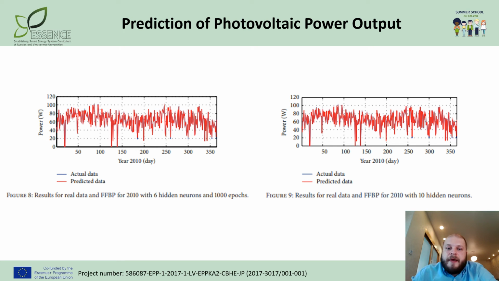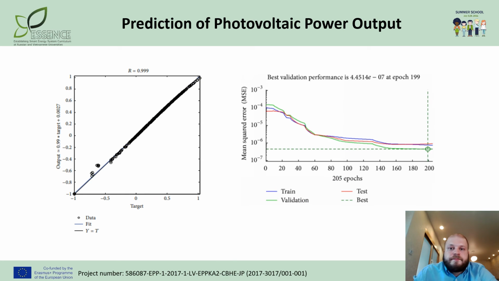The same comparison for the whole year 2010 is provided in Figure 8 with 6 hidden neurons and 100 epochs. Although the number of hidden neurons is increased from 6 to 10 in Figure 9, the level of accuracy is very close when considering Figures 8 and 9.